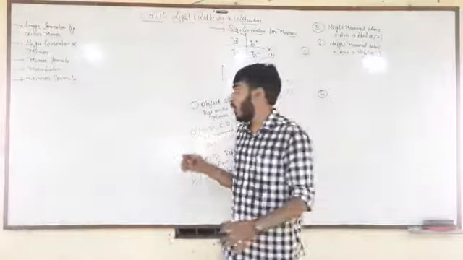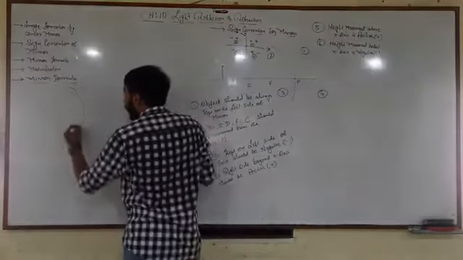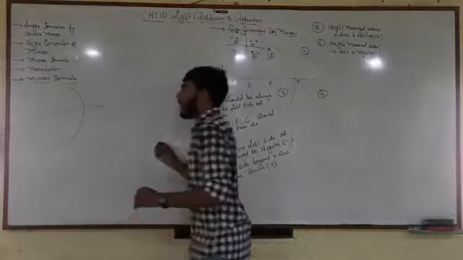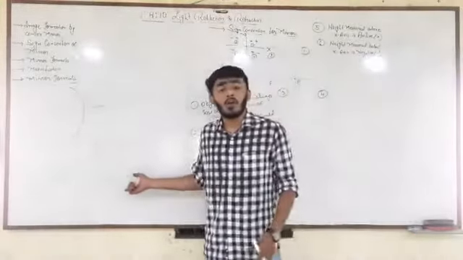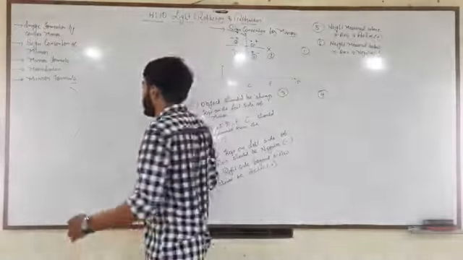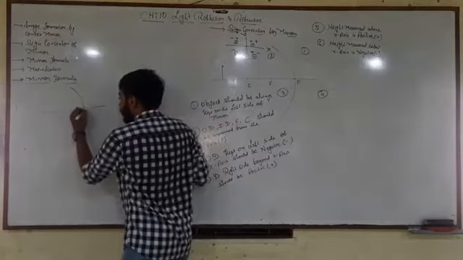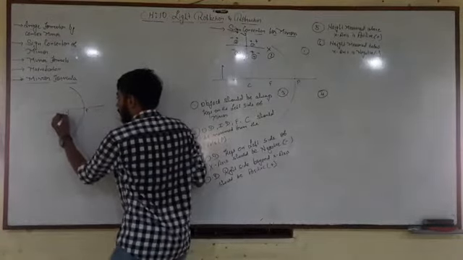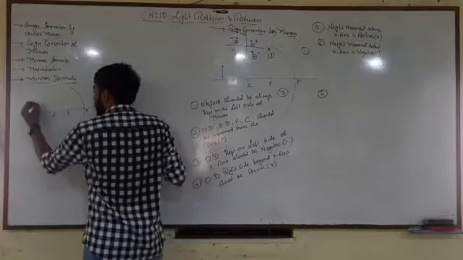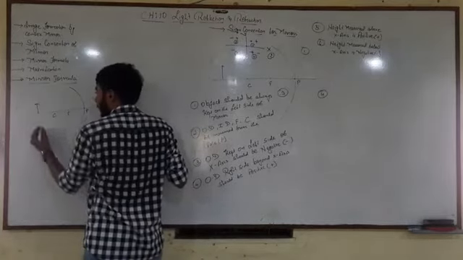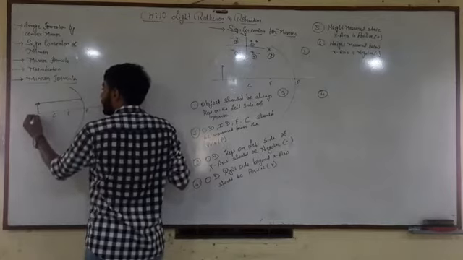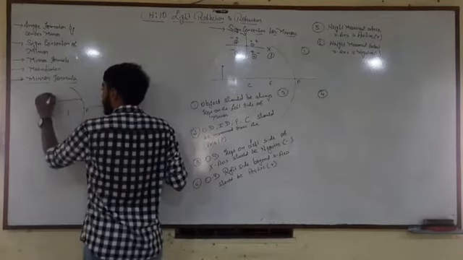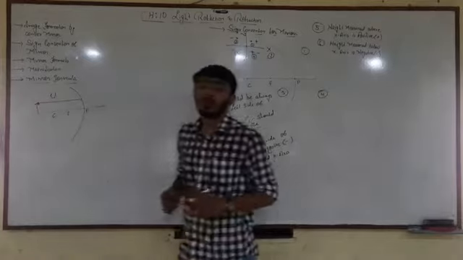What we studied was, say that there is a concave mirror or a convex mirror. I am drawing a concave mirror because in the textbook it is given. You can also draw a convex mirror. It is one and the same. Suppose this is your pole, focus, center of curvature, and the object is kept over here. The distance between the object and the pole is denoted as u.